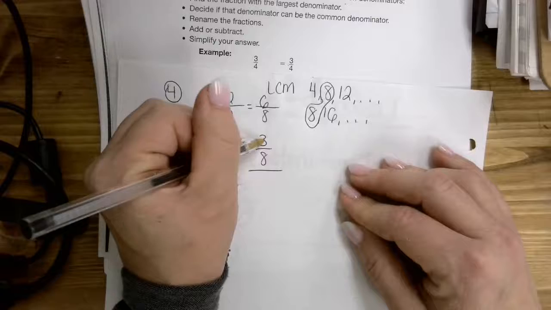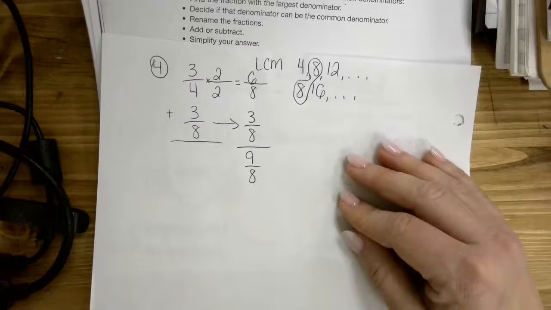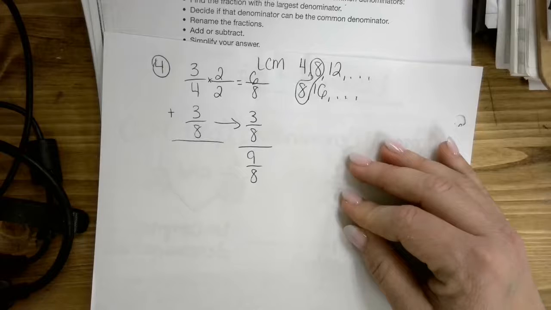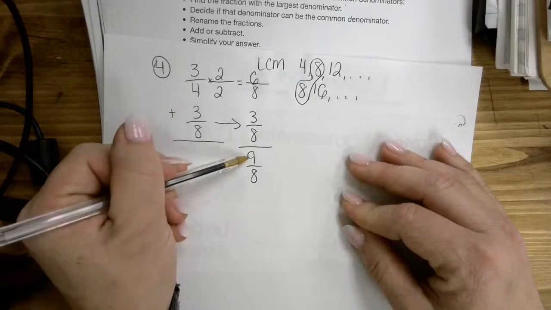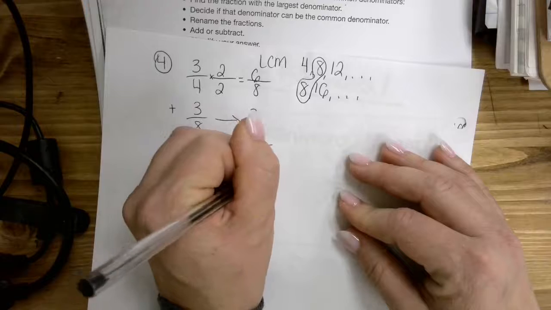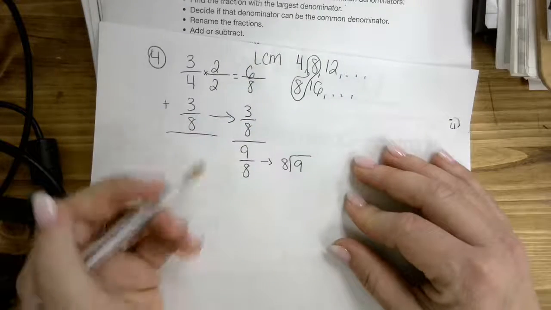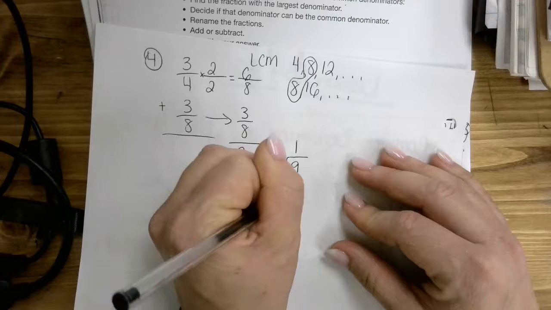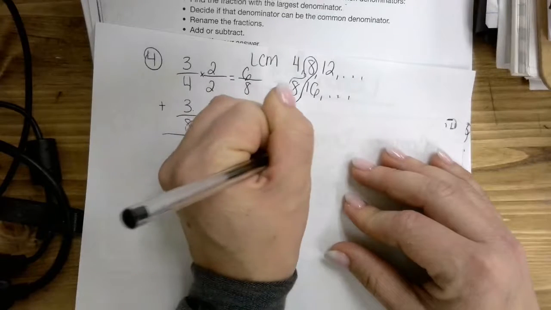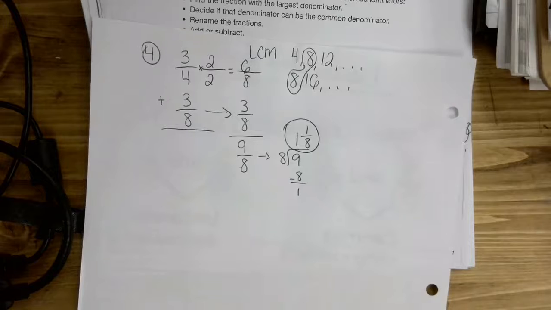So 6 plus 3 gives me 9 eighths. But I can't leave it like that because that is an improper fraction because my numerator is bigger than my denominator. So I need to change that to a mixed number. And in order to do that, you know how to do this, guys. You're going to divide. Goes one time. So my answer is actually 1 1/8 for number 4.